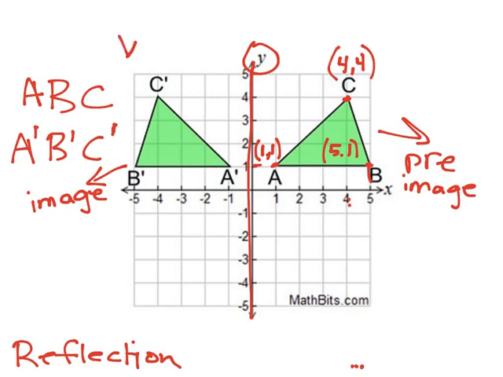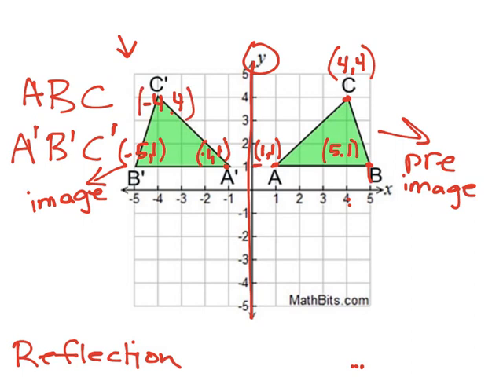Okay, then I'm going to do the same for our image. So A is -1, 1. Our image B is -5, 1. And C is -4, 4.